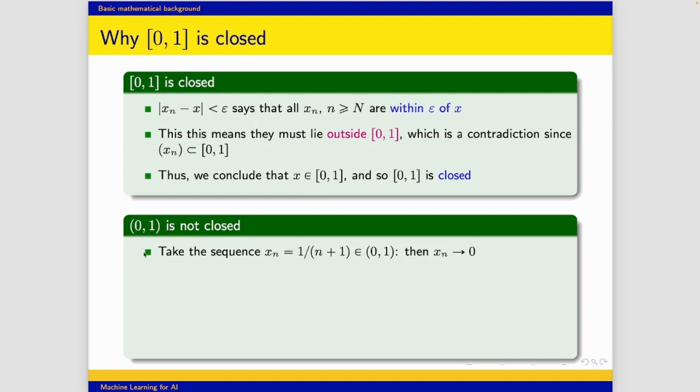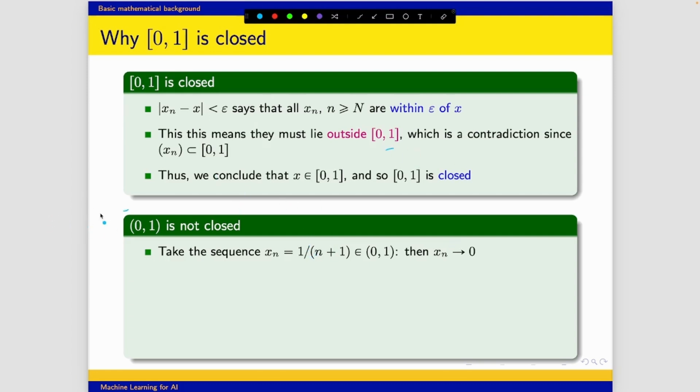So let's take this sequence. xn is 1 over n plus 1. Now notice that all of these values will lie between 0 and 1, right? And as n tends to infinity, these values will approach 0. So let me make this absolutely clear. What is this sequence?